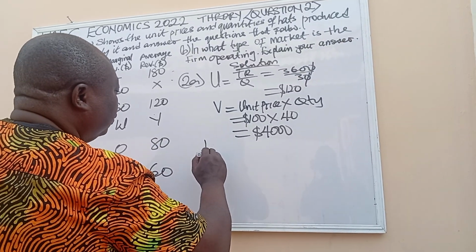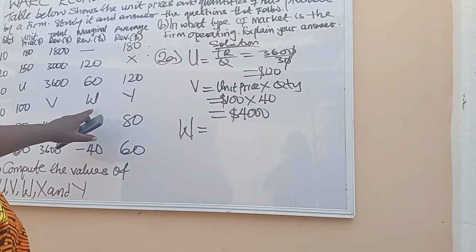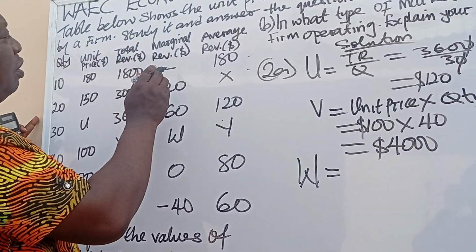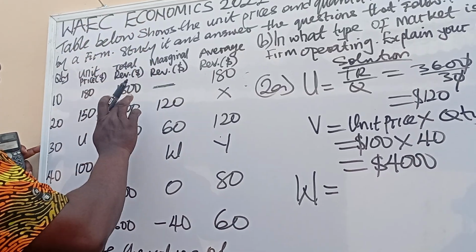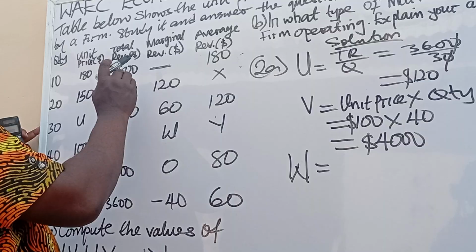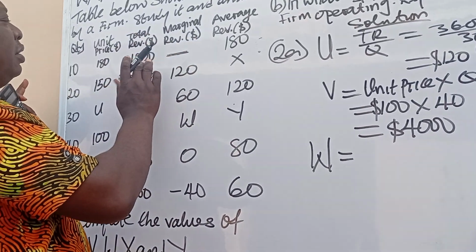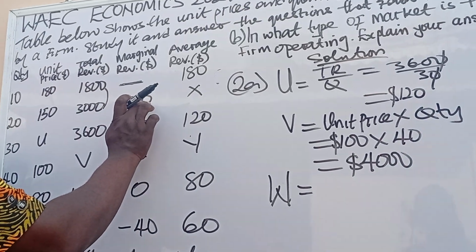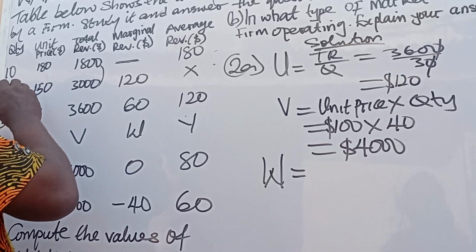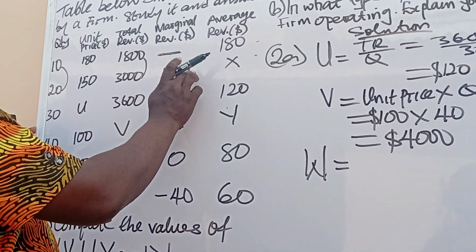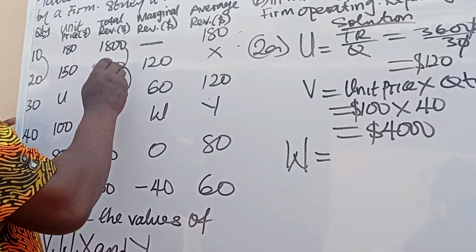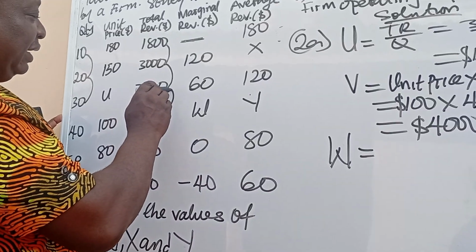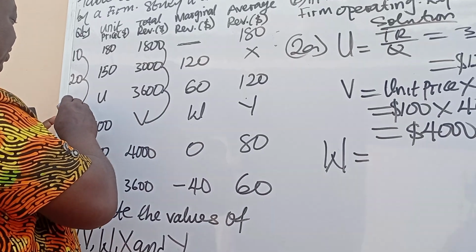W now. How do you get W? Marginal revenue. By formula, you know the first one has nothing, because there is no additional total revenue. So to get this 120, it is this minus this over this minus this. To get W, this minus this over this minus this.